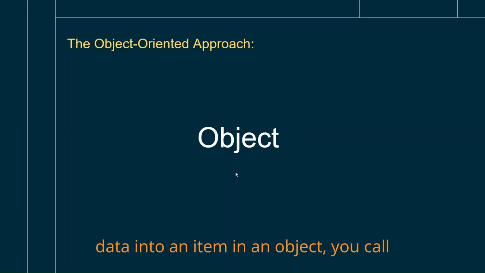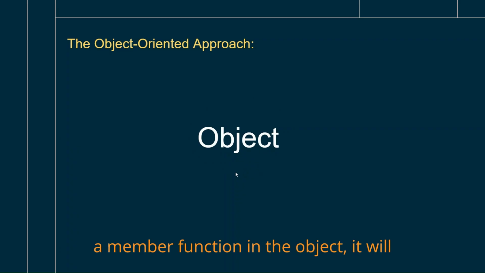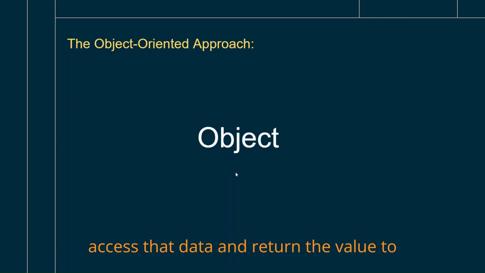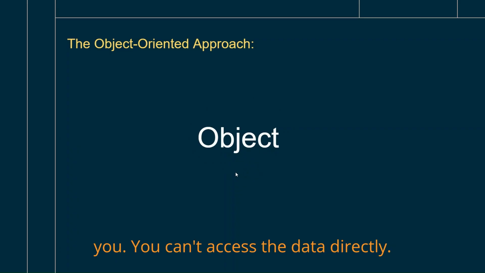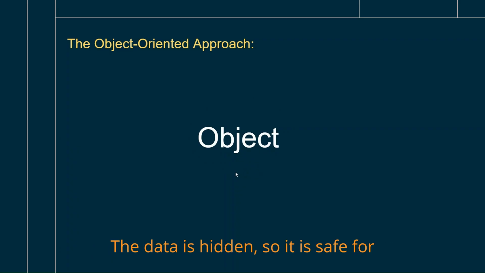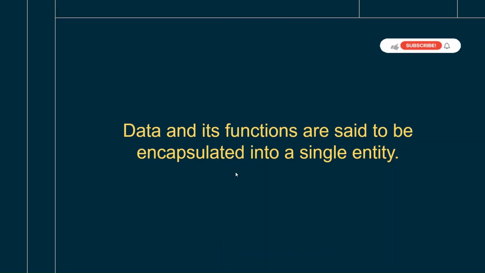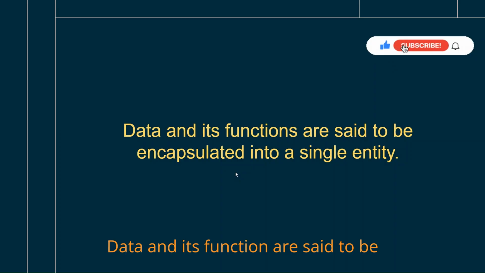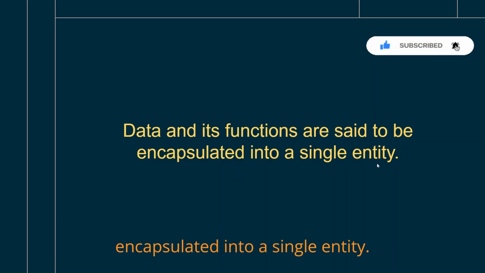If you want to read data in an object, you call a member function in the object. It will access that data and return the value to you. You can't access the data directly. The data is hidden, so it is safe from accidental alteration. Data and its functions are said to be encapsulated into a single entity.